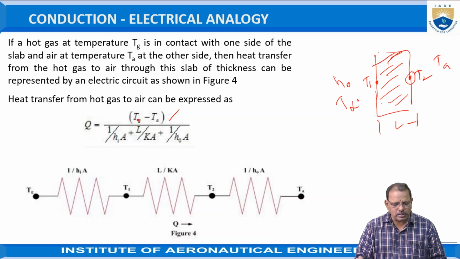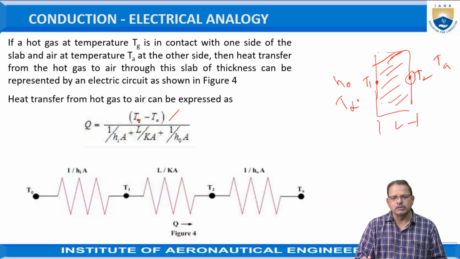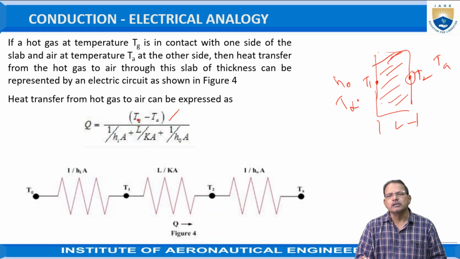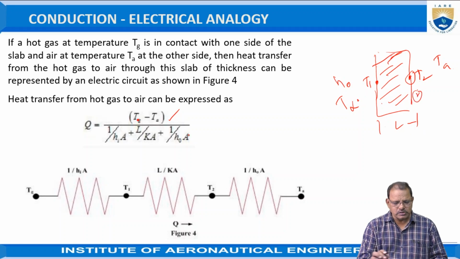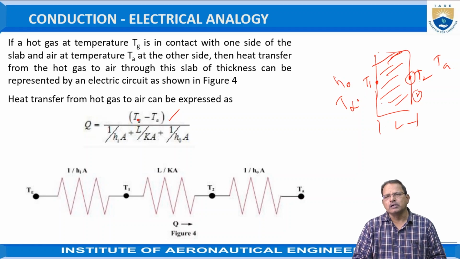Here Hi is the convective heat transfer coefficient at the inlet, A is the area of cross section, L is the length of the object, K is the thermal conductivity of the material, and Ho is the convective coefficient at the outer surface exposed to air.